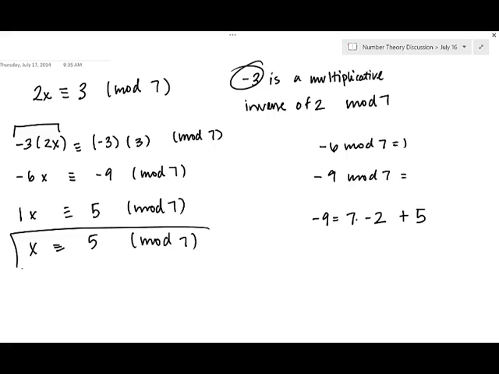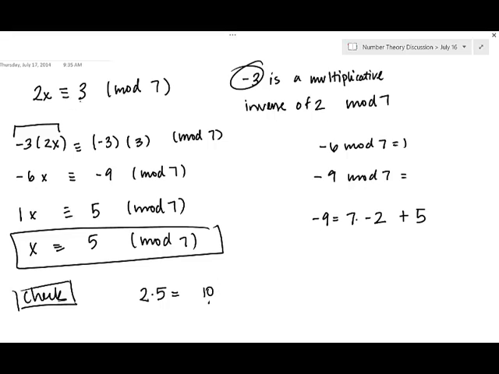Let's check our work. Let's plug in 5 for x and see if this works. Notice 2 times 5 is equal to 10. So the question we're asking is, is 10 congruent to 3 mod 7? We want to know if this is a valid congruence. 10 is equal to 7 times 1 plus 3.